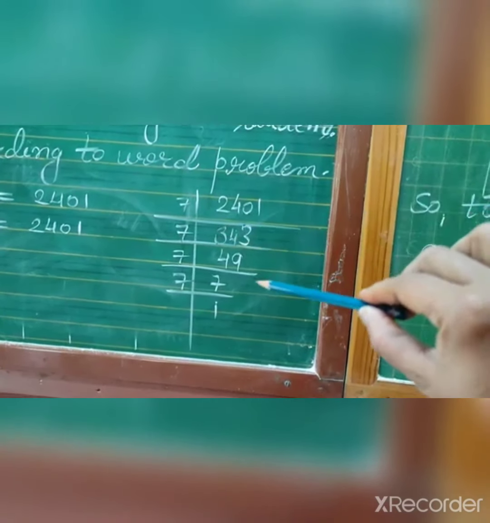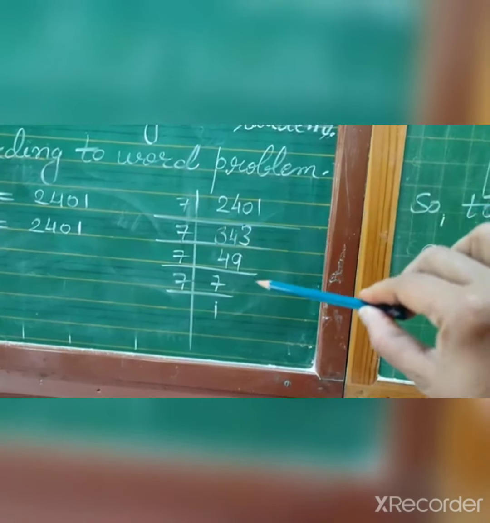So first we will write the given numbers 4, 9, 10, and we have to calculate the square number that is divisible by these. So first, you will take the LCM of these numbers.